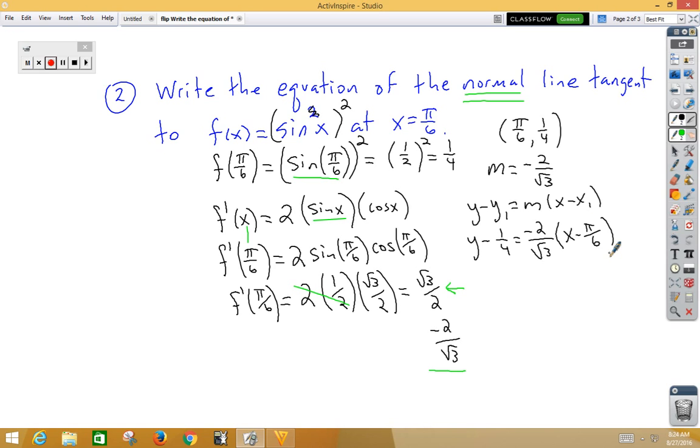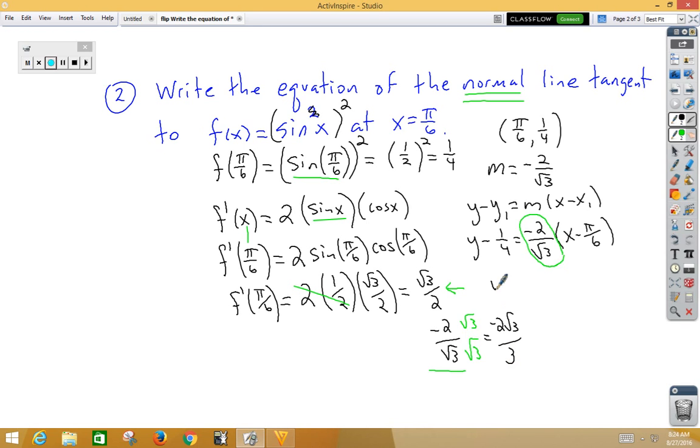There are a myriad of options for alternate examples. One thing that might occur is they might rationalize this value. So remember, to rationalize something in the denominator, we would multiply by root 3 top and bottom. This would give us an alternate slope of negative 2 root 3 over 3.